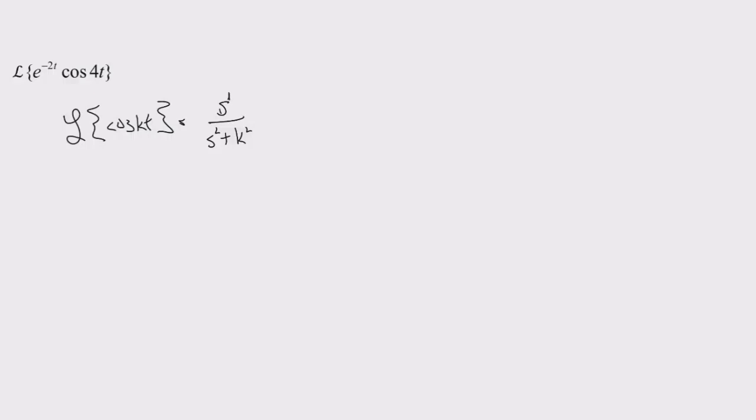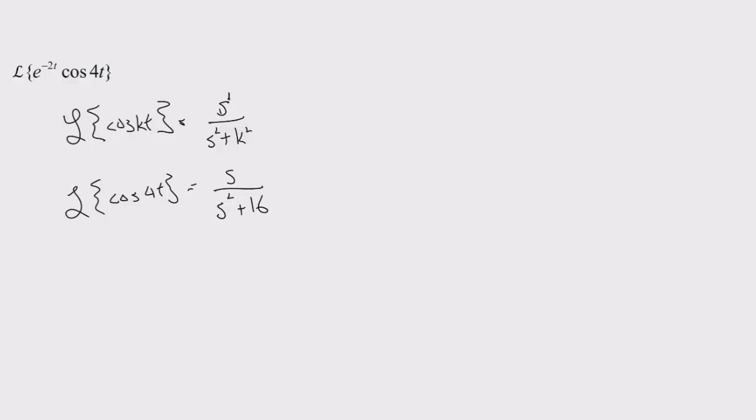So in our case, cosine of 4t would be s up top, and then s squared plus k squared, which is 16.